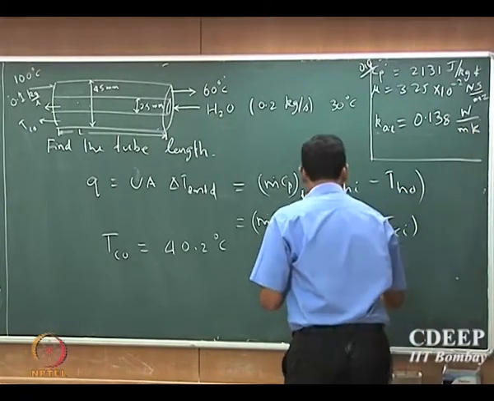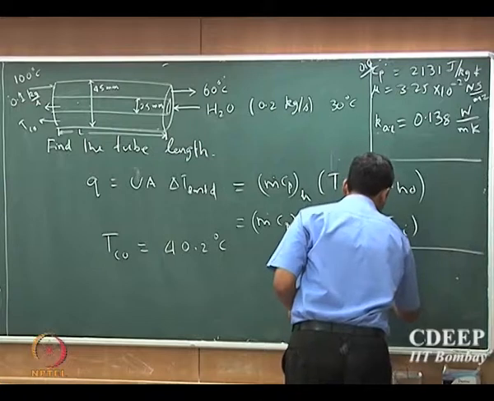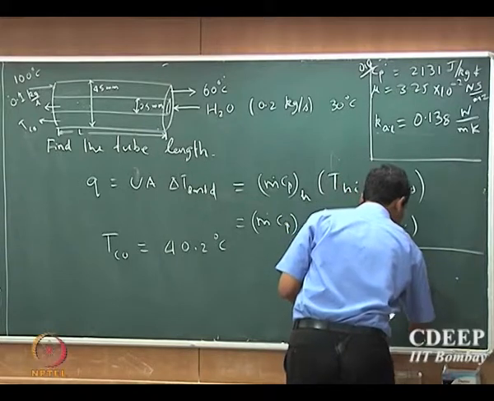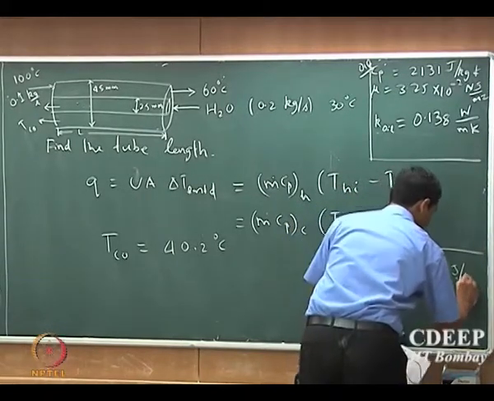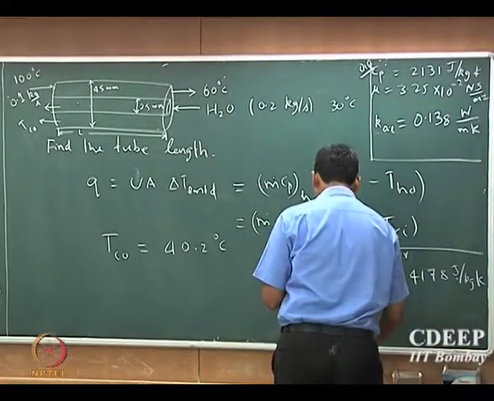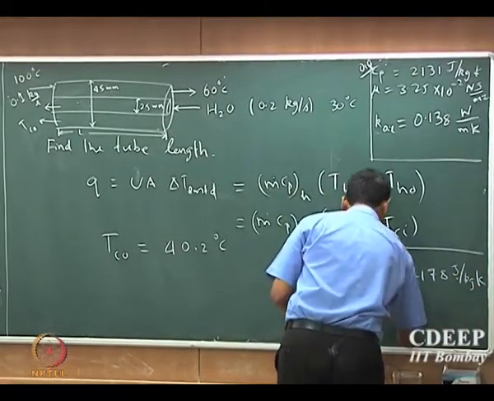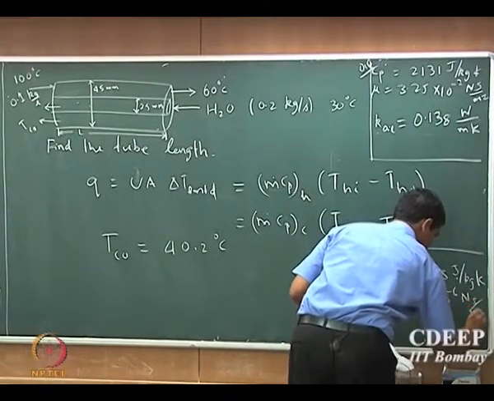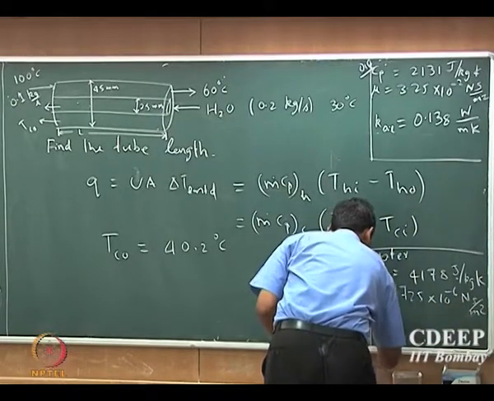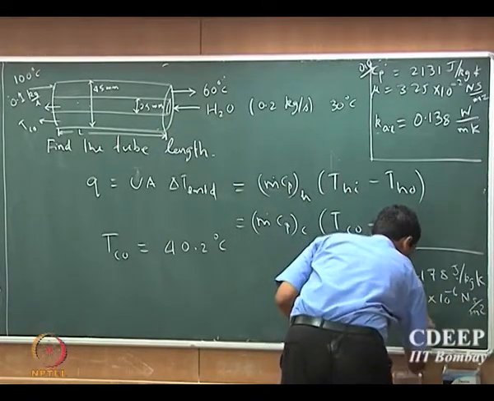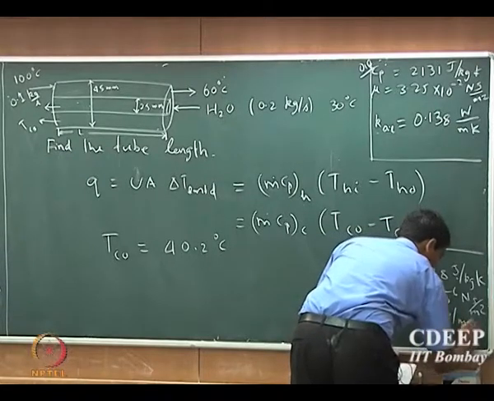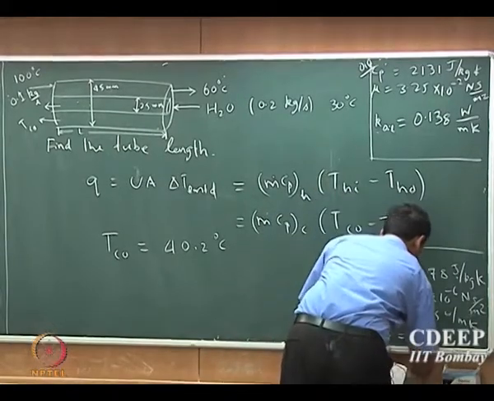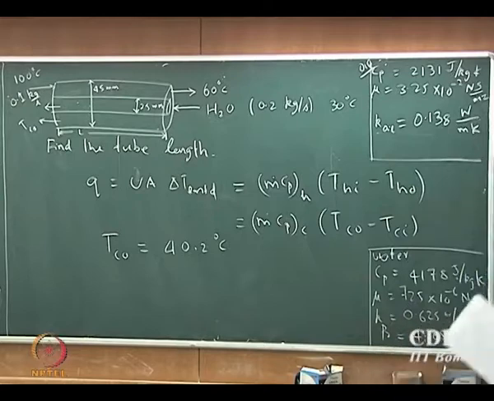And that is for water. The Cp is 4178 joule per kg Kelvin, and mu is 725 into 10 power minus 6 Newton second per meter square, and the conductivity is 0.625 watt per meter Kelvin, and the Prandtl number is given as 4.85.